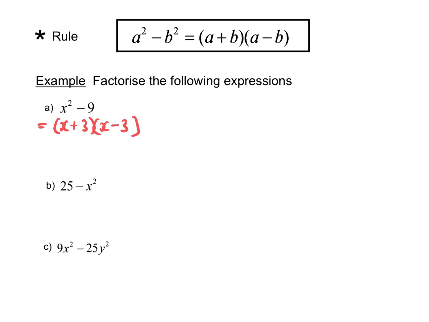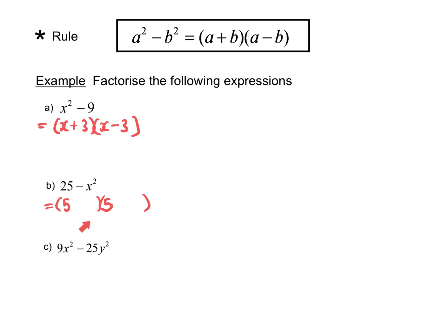Let's have a look at the next one. We've got 25, which is a square number, a difference, so take away there, and another square here. So again this is a difference of two squares. When we've got a difference of squares, we write out two empty brackets, and we follow these terms in order. The order here does matter, so the 25 comes first. The square root of 25 is 5, so I'm going to put 5 at the front of each bracket, because the 25 comes first.